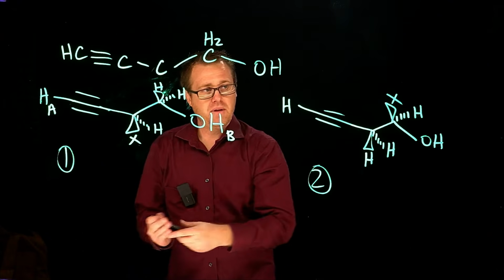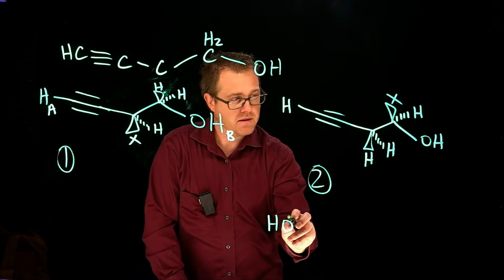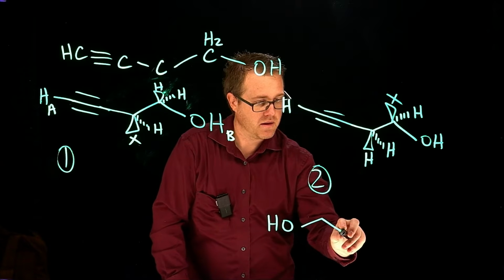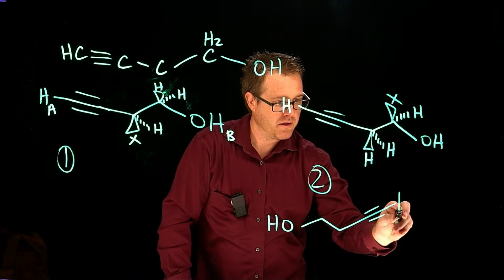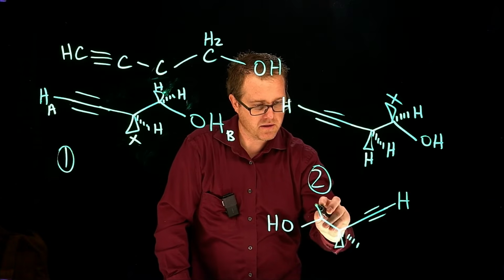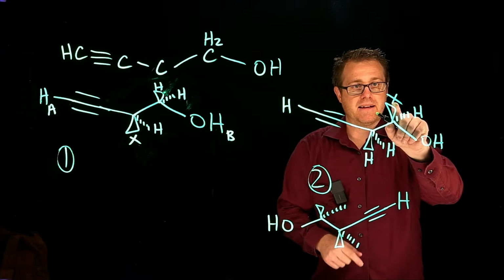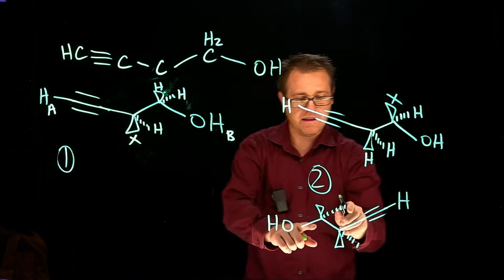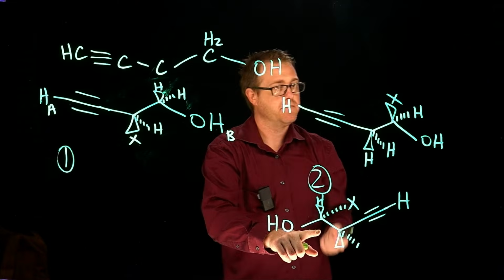And so when I do that, I'll go like this. And there's the H, there's the wedge, dash, wedge, and a dash. So this carbon has an X on the wedge. So now the X is right there, and that hydrogen has become the wedge.